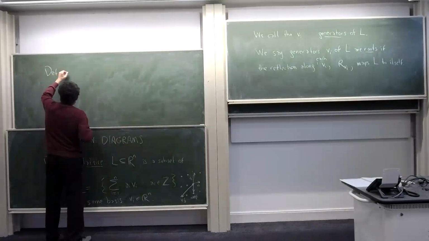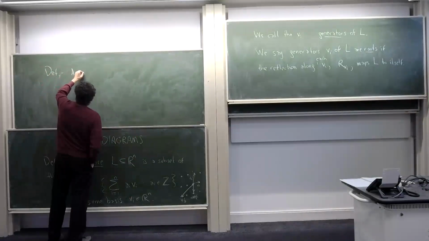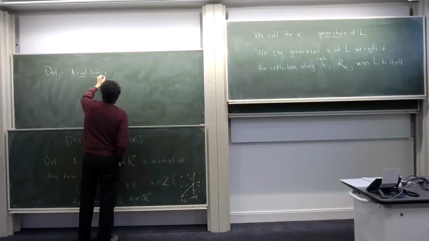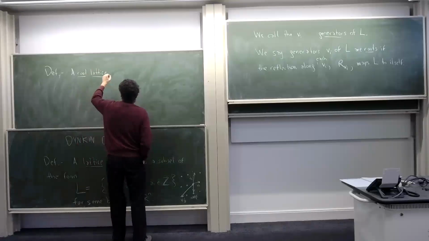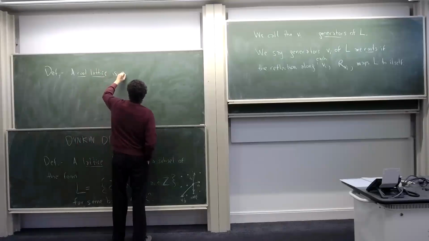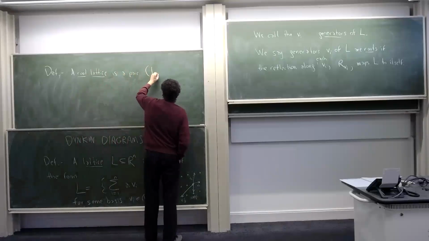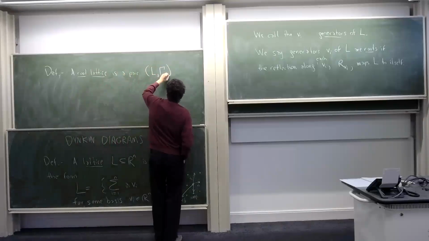This definition of mine here is a bit non-standard, I think. But a root lattice for me will be a pair of a lattice and a finite reflection group.